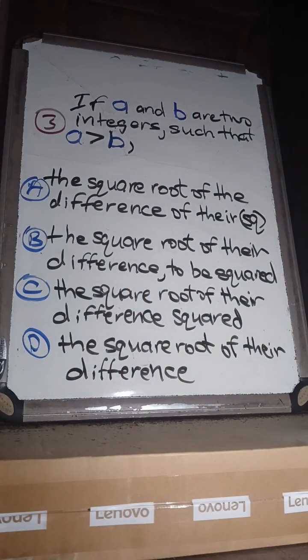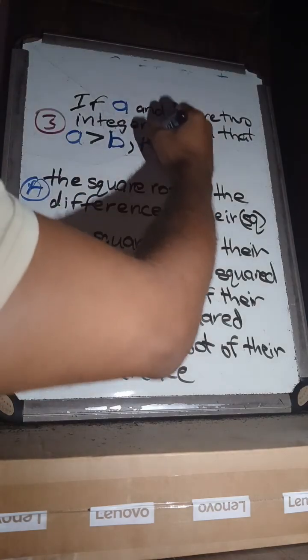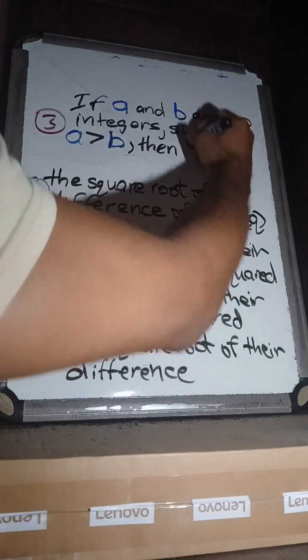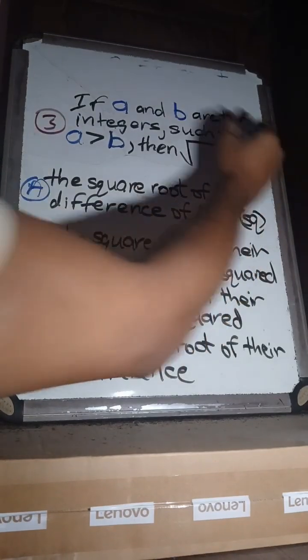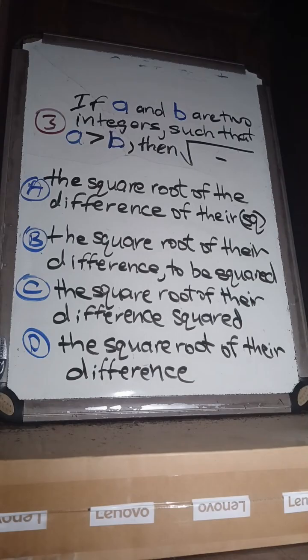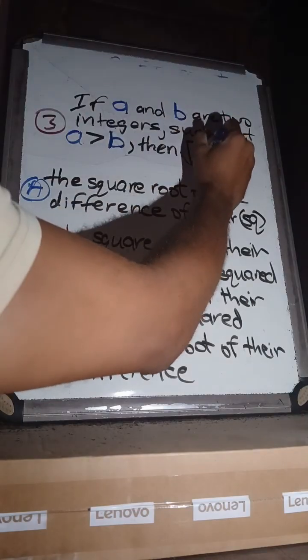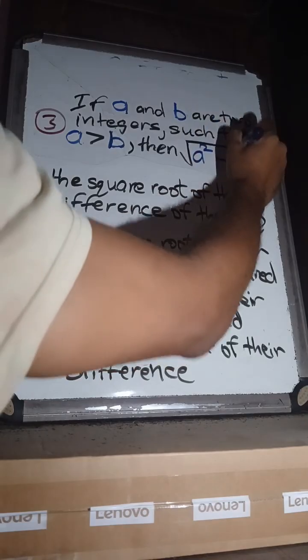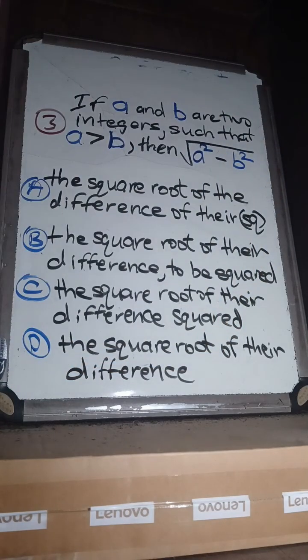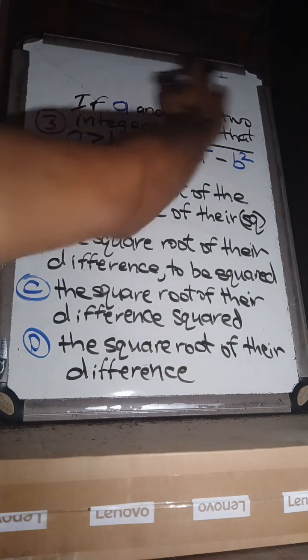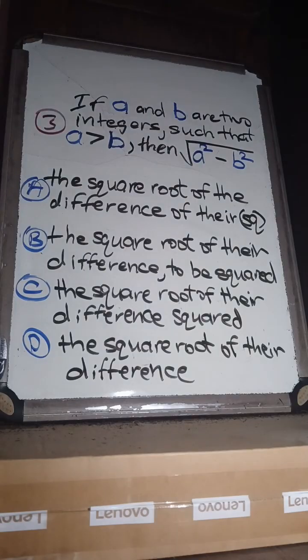So A and B are two integers such that A is greater than B, then alright, so now we have this. Yeah, this is why I don't like writing out these questions, because it's so much. Alright, so let's see now.